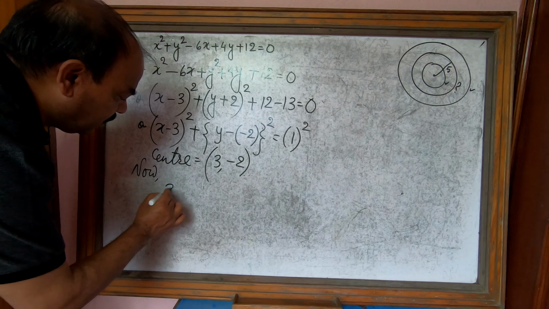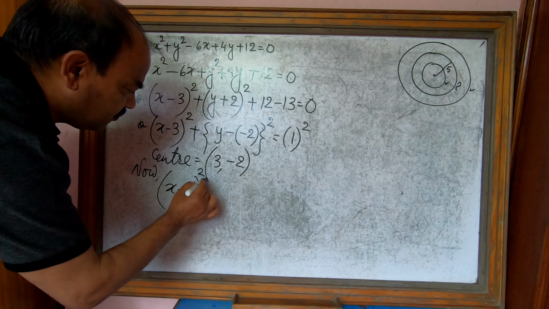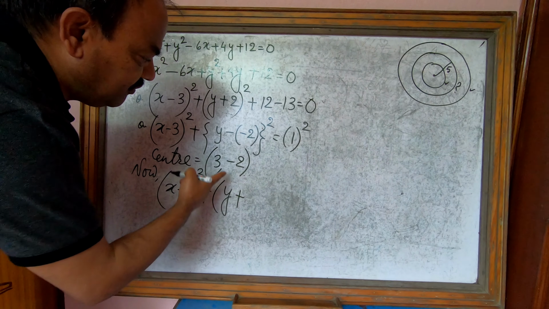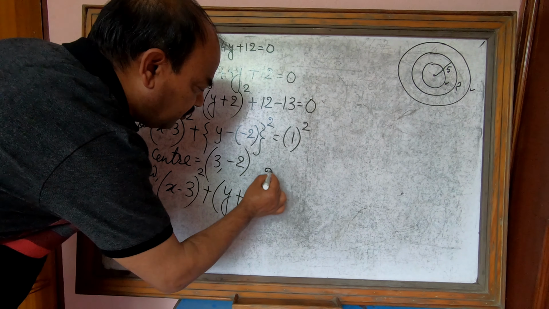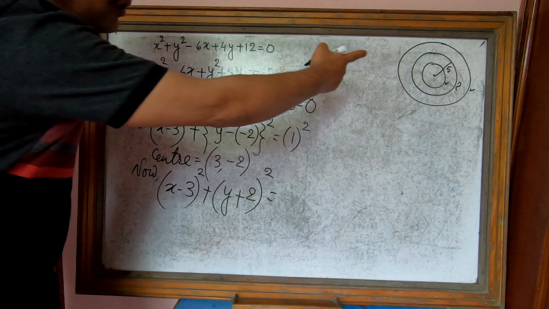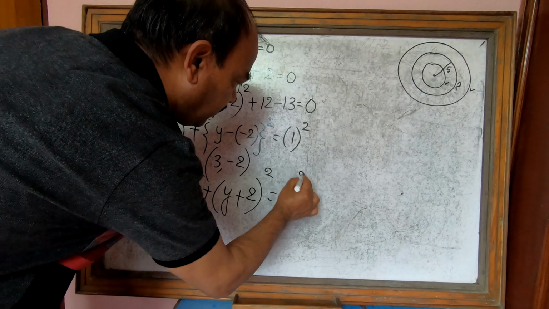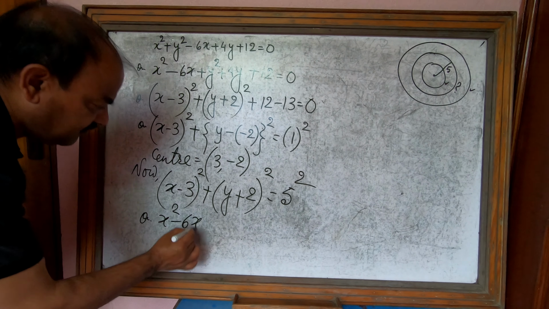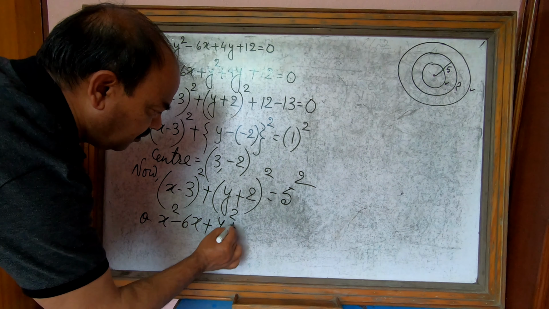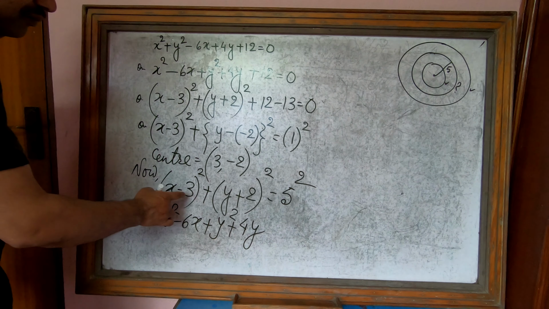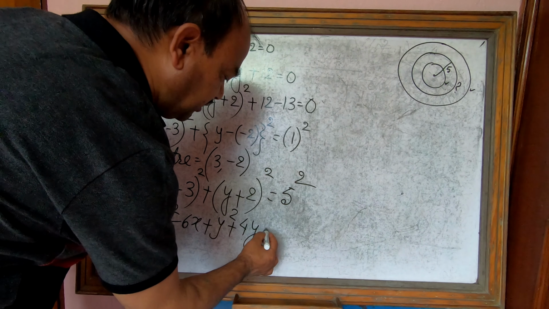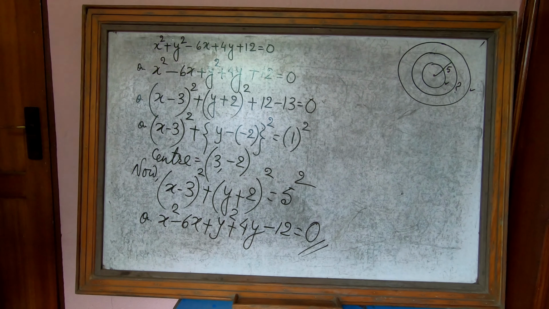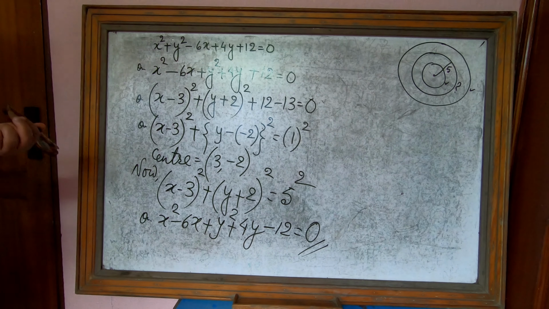The required formula will be (x minus h) whole square plus (y minus k) whole square, which is y plus 2 whole square, equals to, instead of this radius, we'll write the given radius 5 square, and after simplifying, this is x square minus 6x plus y square plus 4y plus 9 plus 4, 13 minus 25 minus 12 equals to 0 is the required equation of the given circle. Fine.